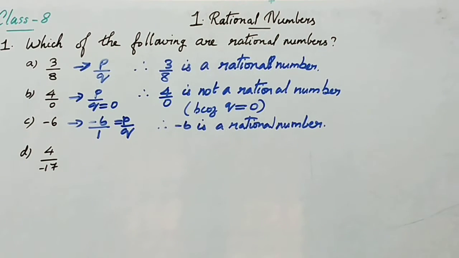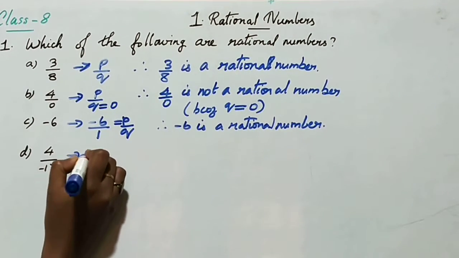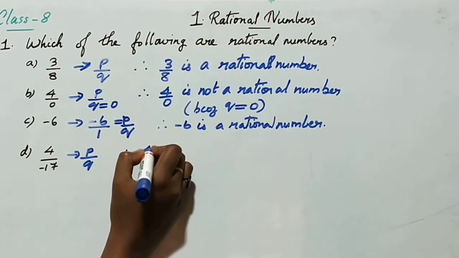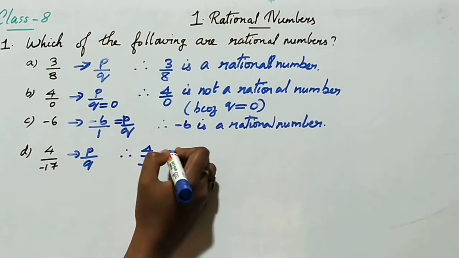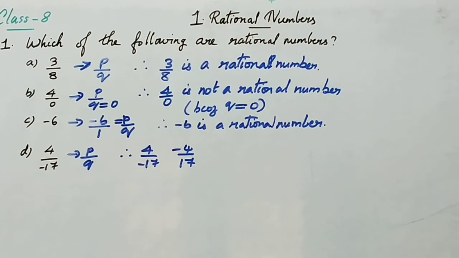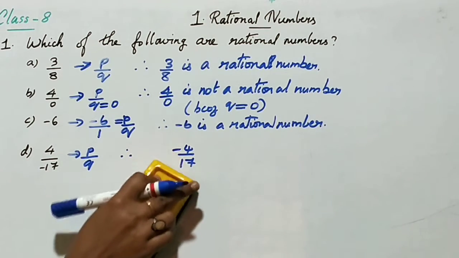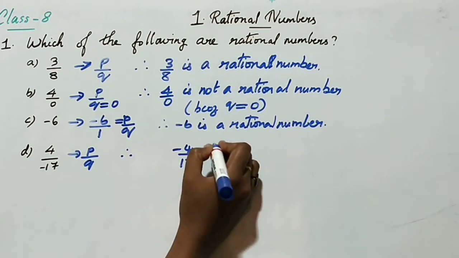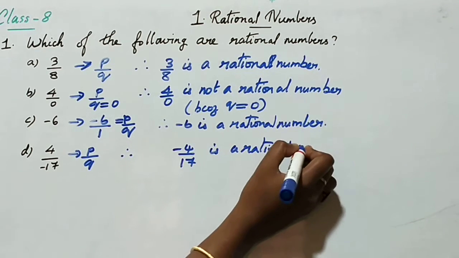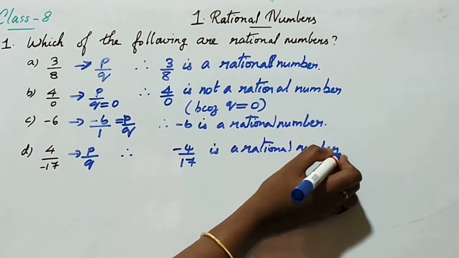The condition is that Q should not be 0. Here Q is not equal to 0, it is minus 17, so this is of the form P by Q where Q is not equal to 0. 4 by minus 17 can be written as minus 4 by 17. So, minus 4 by 17 is a rational number.